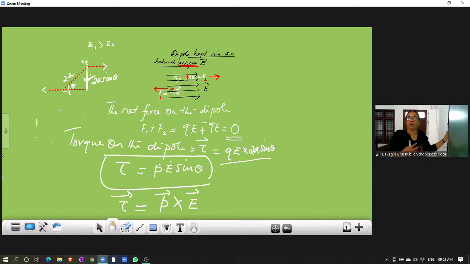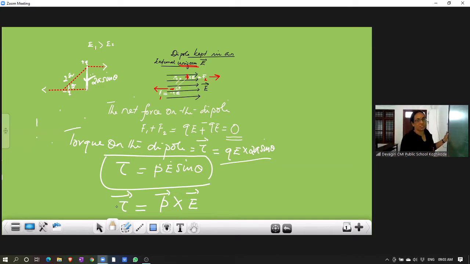If I'm talking about vectors or scalars, where do you find a vector product? You call this a vector product because it's the product of two vectors. A vector product always gives another vector. You get torque as p cross E, so its product must also be a vector quantity.